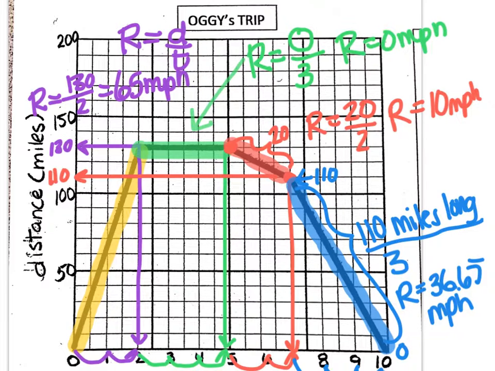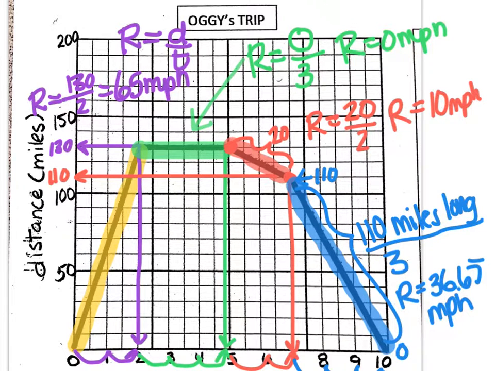Our second piece was this flat line right here. And we know that our distance does not change when we have a flat line. So up top, we put a 0. And this flat line lasted for 3 hours, so divided by 3. 0 divided by 3 is 0 miles per hour. Again, completely makes sense because we're not going anywhere right here, okay?